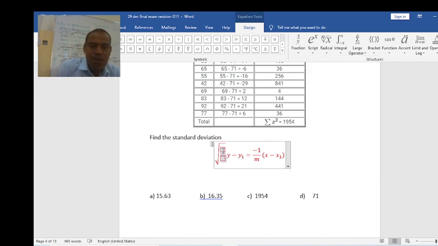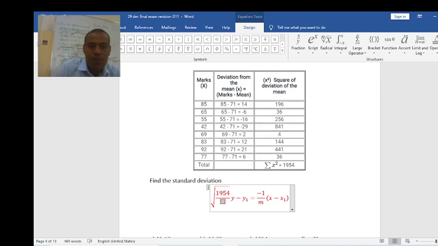We said the sum of x squared, which in fact is equal to 1954, divided by how many? Let's count the number of values. We have 1, 2, 3, 4, 5, 6, 7, 8. Divide by 8.